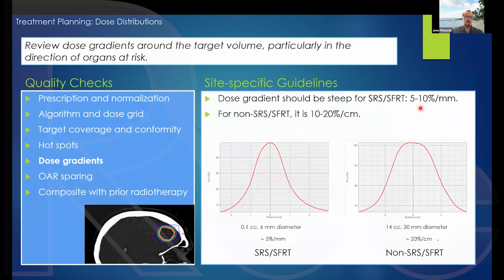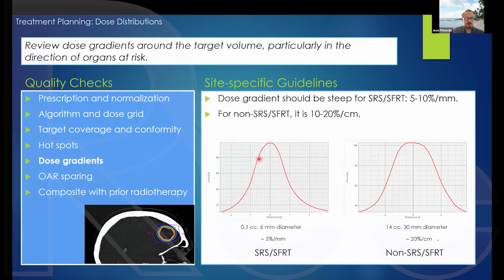That's what that means, so change in percent dose of 5 to 10 in 1 millimeter, right? For non-SFRT, it's about the same dose difference, but per centimeter. See, so it's a big difference, right? This is a more gradual increase in dose. This is a very sharp fall off, which is what we want for SRS and SFRT.